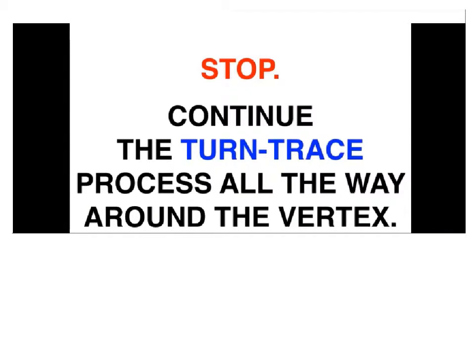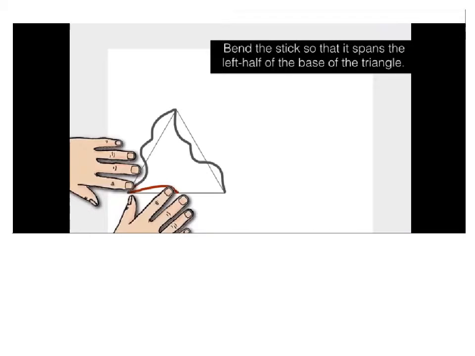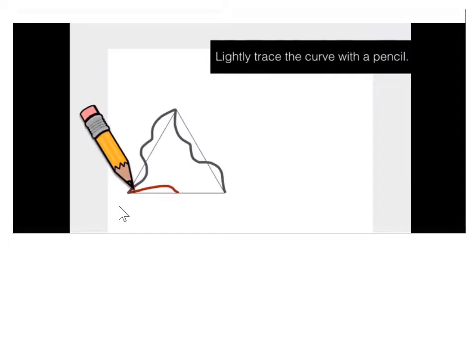Then they do halfway, so putting it down on the bottom vertex and going to the halfway point of that bottom line with the wiki stick still bent in that same original shape. And so those two curves really match each other. So you're going to trace half a curve.